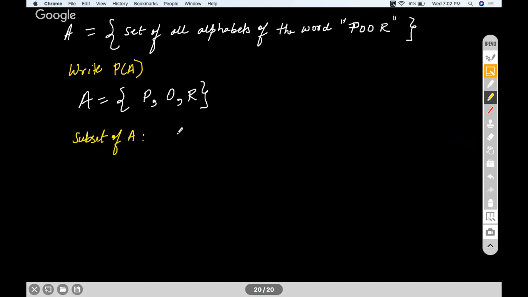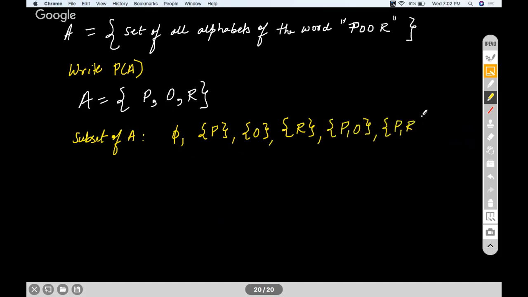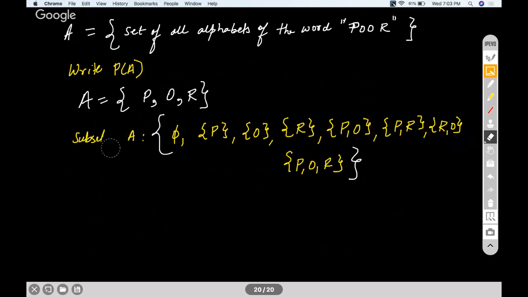Subsets of A would be a null set, a set containing P, a set containing O, a set containing R, a set containing P and O, a set containing P and R, a set containing R and O, and a set containing P, O, R. So 1, 2, 3, 4, 5, 6, 7, 8. All you need to do is put them all in a curly bracket, and this becomes the power set of A.